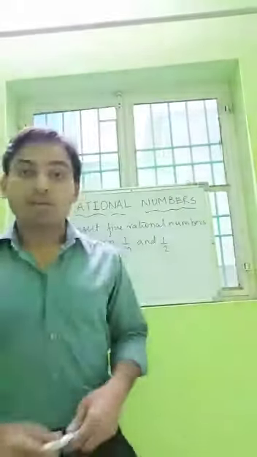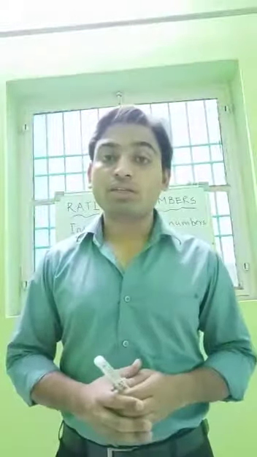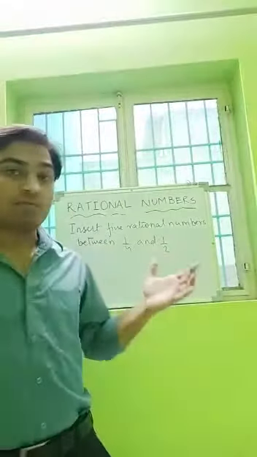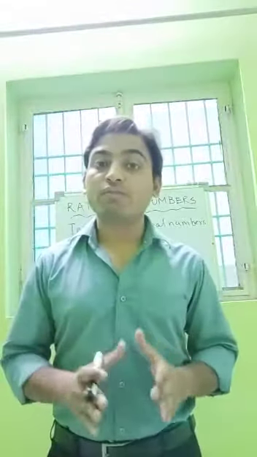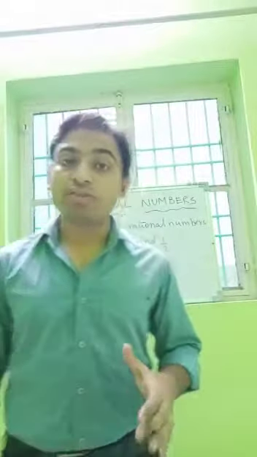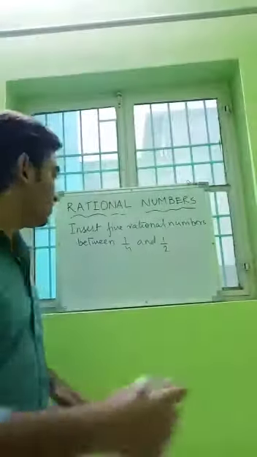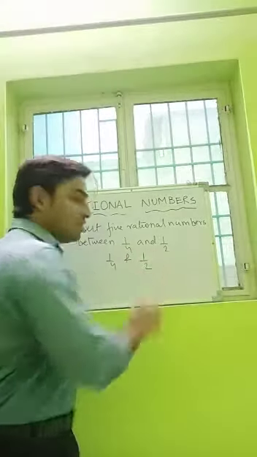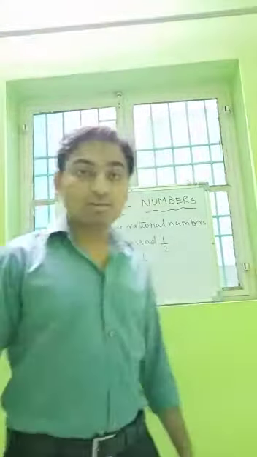Now pay attention. Now we will learn how to insert rational numbers between 2 numbers. Okay, here I am taking 1 upon 4 and 1 upon 2, and we want to insert 5 rational numbers in between 1 upon 4 and 1 upon 2. So first of all, take the LCM of the denominators. And the LCM will be 4.